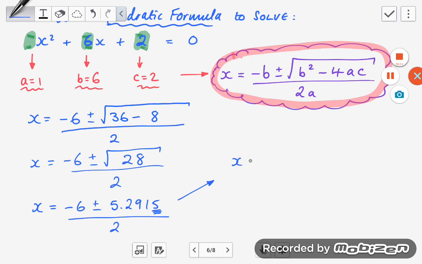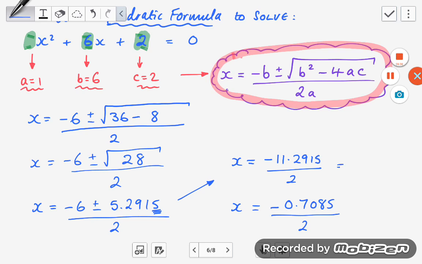So the first answer is minus 11.2915 halved, and the other answer is minus 0.7085, again remembering to halve it.